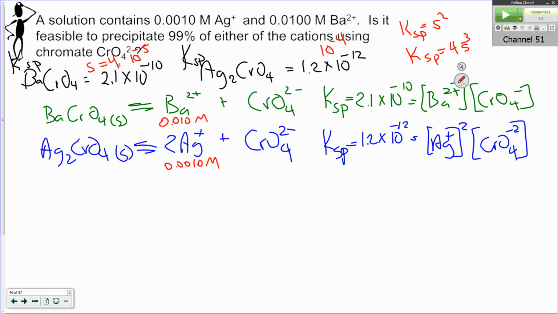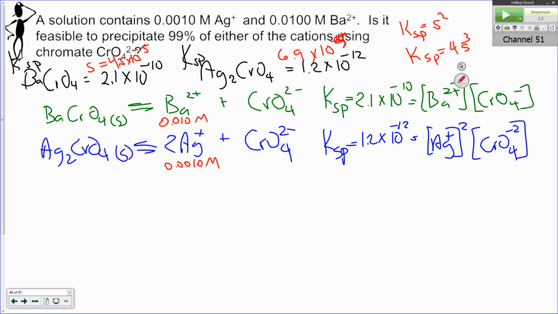And the other one is 6.69 times 10 to the -5. Okay, it's in the minus 5th. So the one that's the most soluble is the silver. But the barium is a 10 times higher concentration than the silver. So I think in this case, the barium is going to precipitate out first.